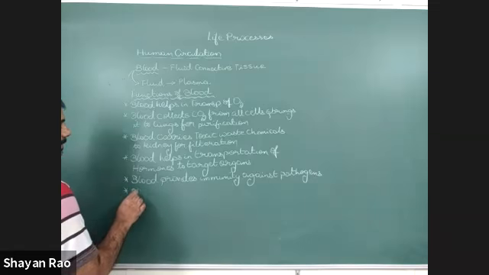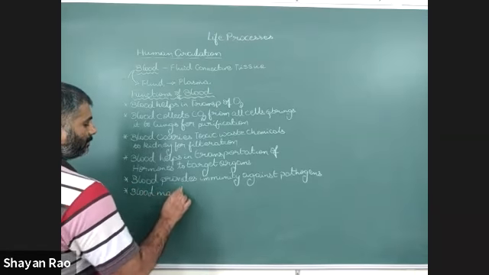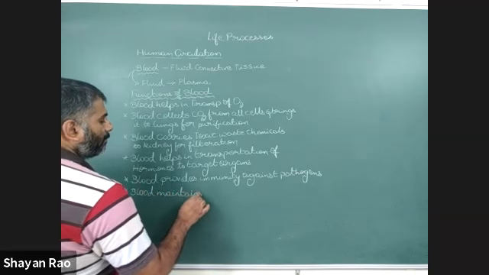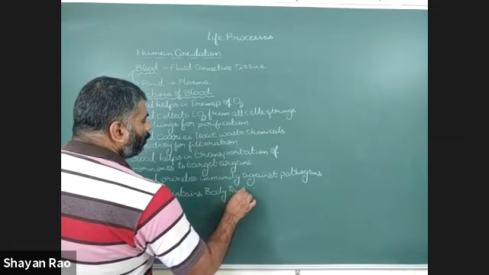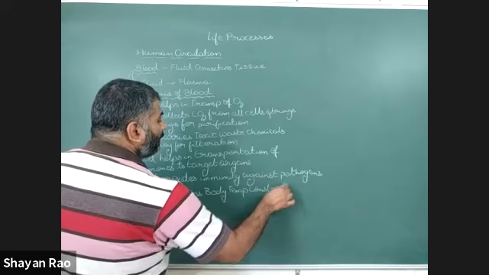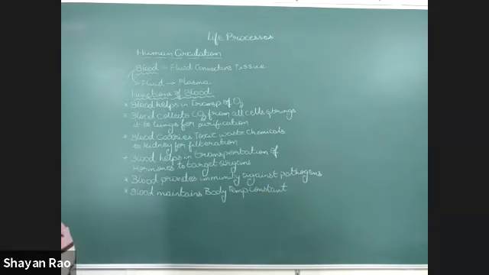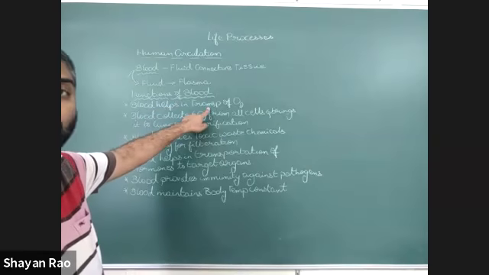blood maintains body temperature constant. So that is another important function of the blood. So first, it helps in transportation of oxygen.